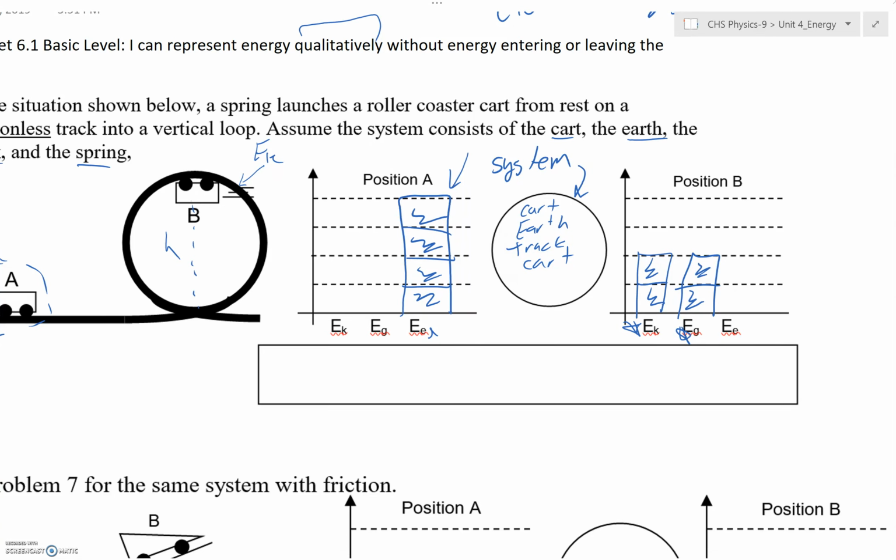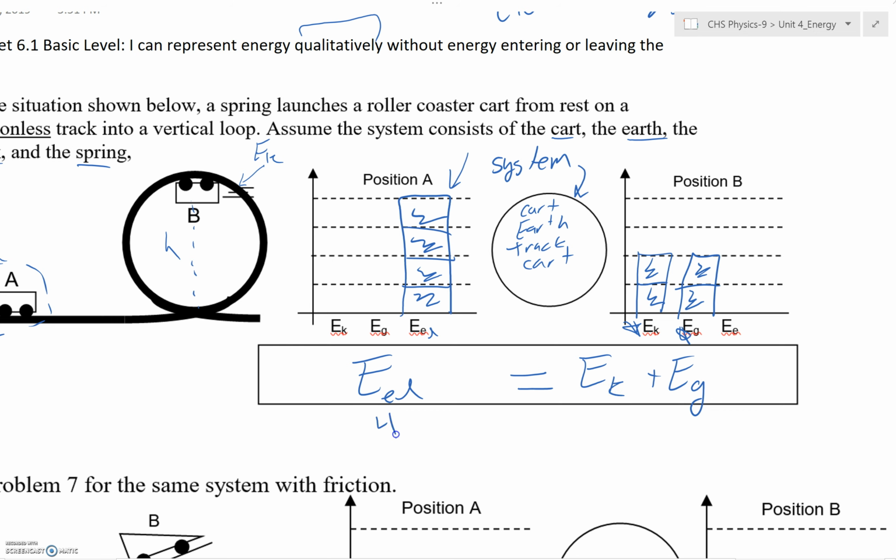Down here below, I like to have a qualitative equation. We don't necessarily need that, but it would look like E_EL, that's part A, equals EK plus EG. However much energy is in the elastic account has to equal the amount of energy in the kinetic and gravitational accounts together.